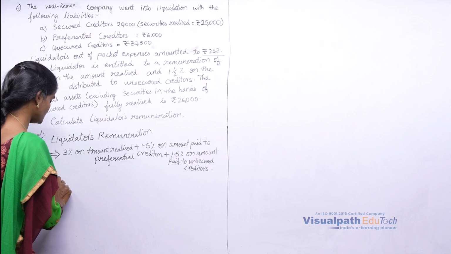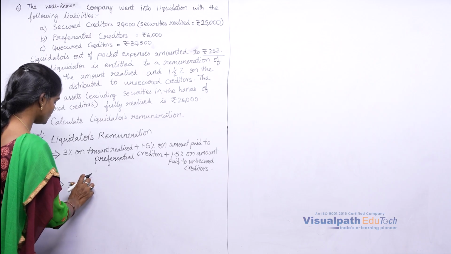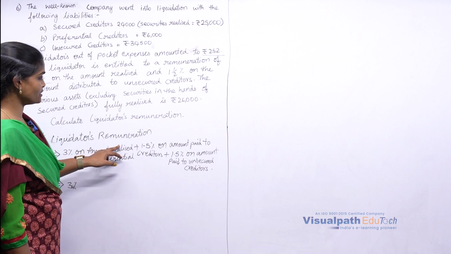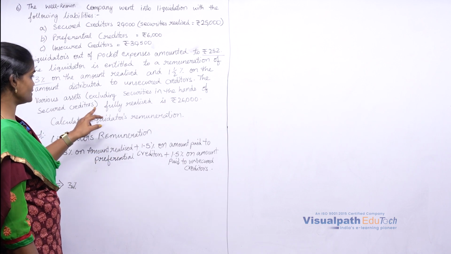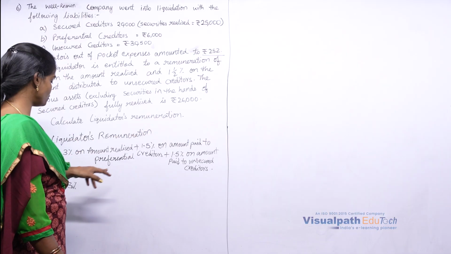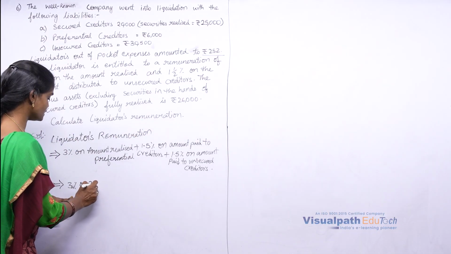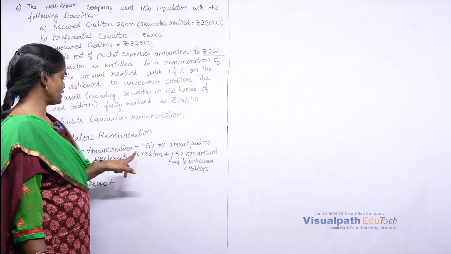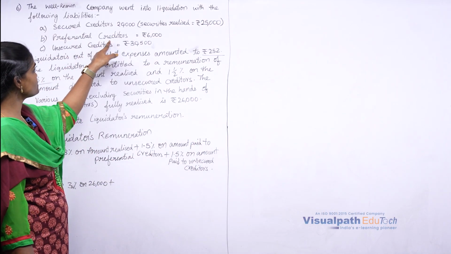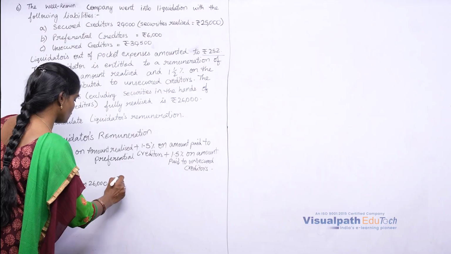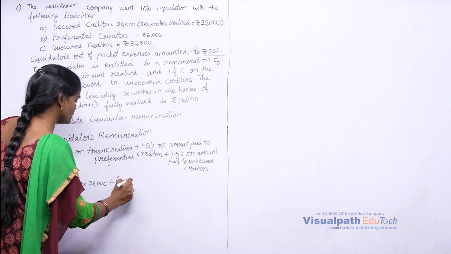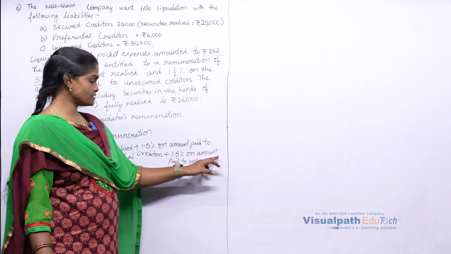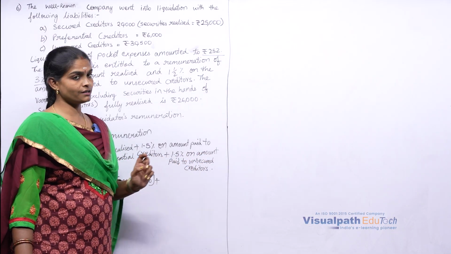So now 3% on asset realized. How much is the actual amount realized? Here the actual amount realized is 26,000. So 3% on 26,000 plus 1.5% on the amount paid to preferential creditors, 6,000, so 1.5% of 6,000, plus 1.5% on the amount paid to unsecured creditors.